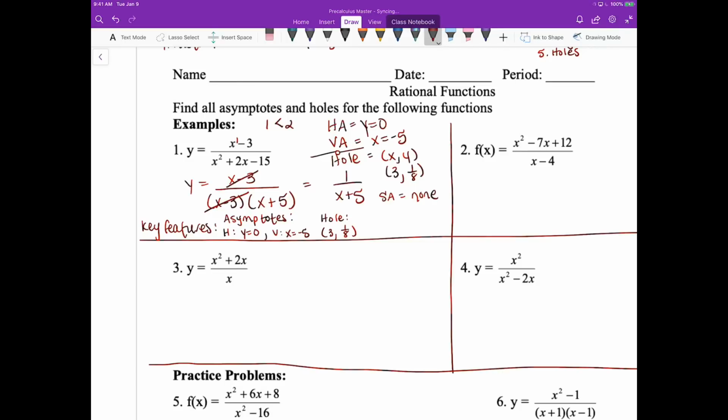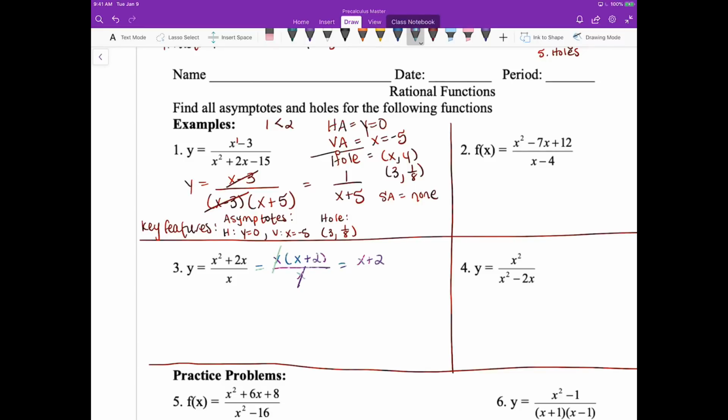If I factor the quadratic part of this equation, we get x times x plus 2 over x, and the x's cross out, and we're left with x plus 2. Now, even though we're left with a linear piece that y equals, we still have to consider the rational function that we started out with.